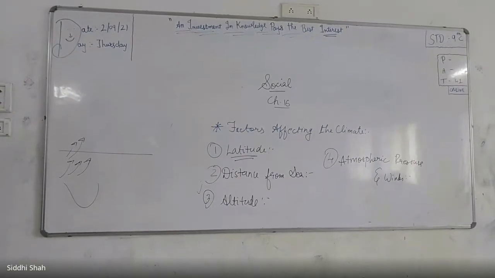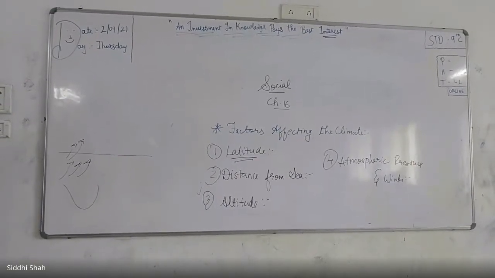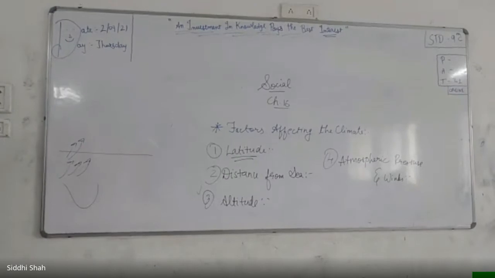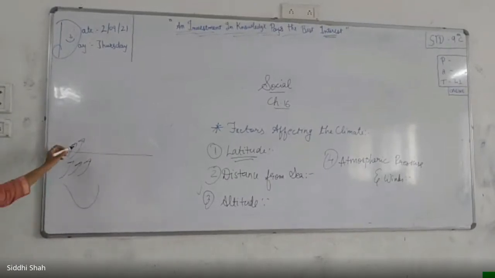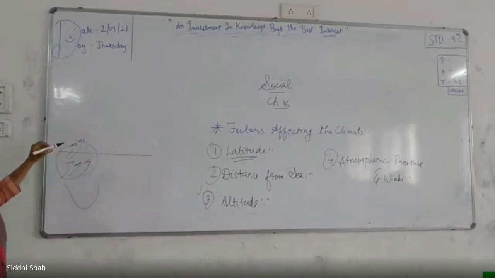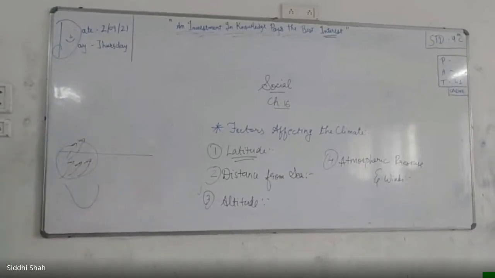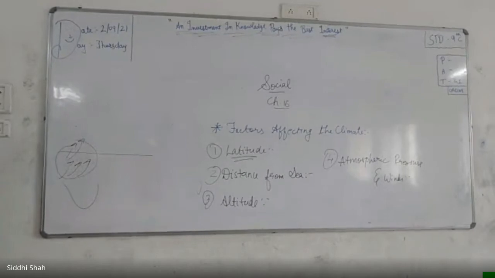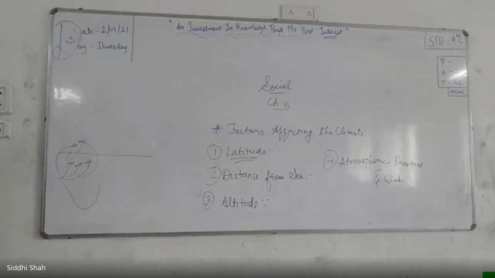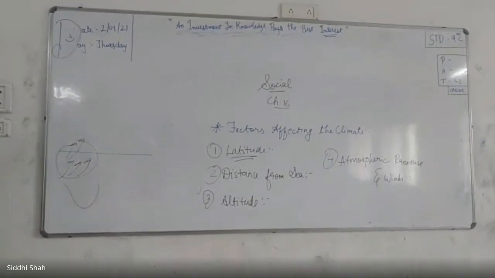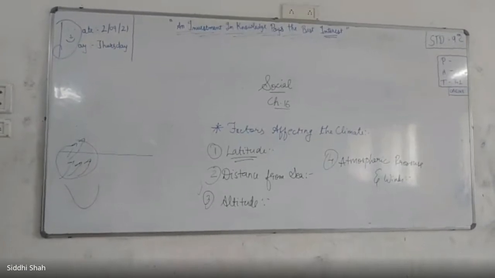The climate of Mumbai in India is temperate as it is near the seacoast, while it is continental in Delhi, as these places are situated far away from the sea.